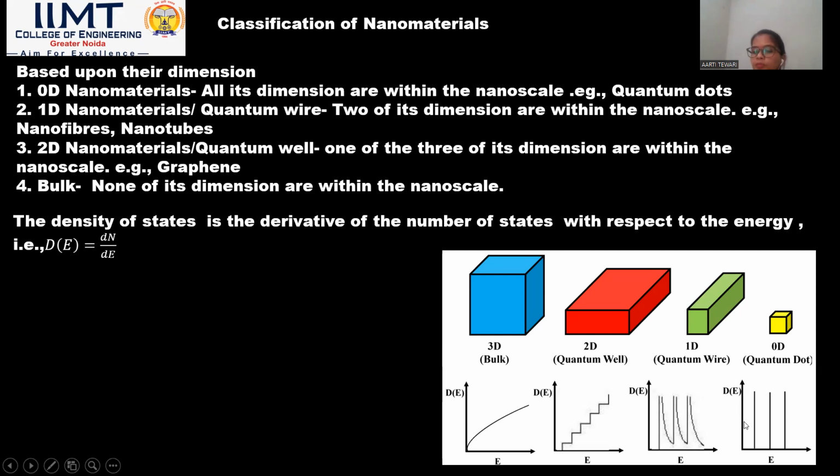You can see the density of states versus energy for a quantum dot, a quantum wire, a two-dimensional quantum well, and a bulk material. So how many levels or number of states are present per unit energy level is the density of states.